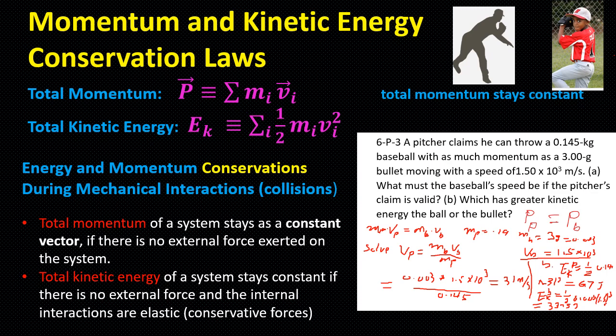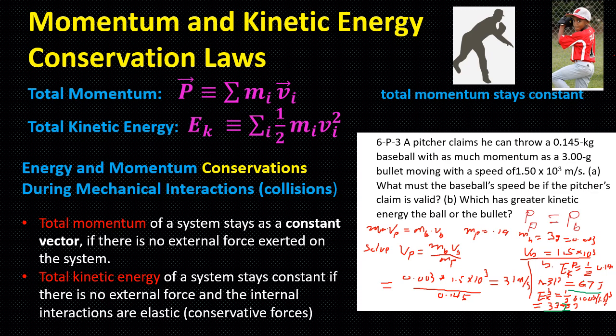Because velocity is squared, the kinetic energy of the ball is only 67 joules, but the bullet's is about 3,375. So it's two orders of magnitude higher.